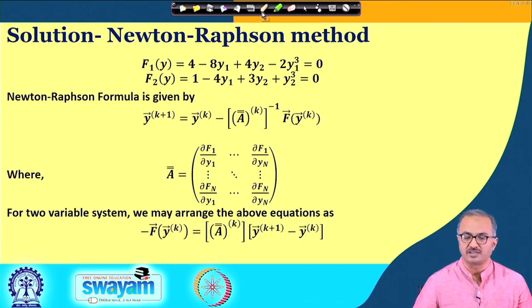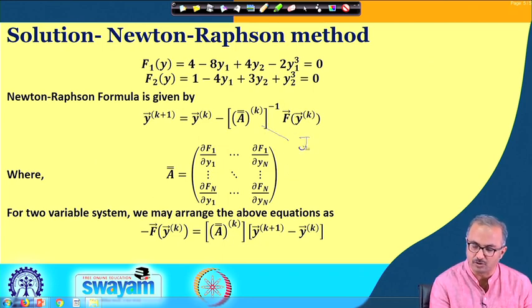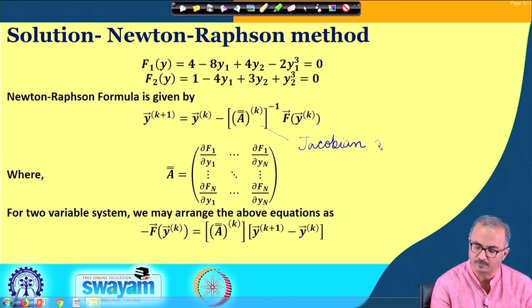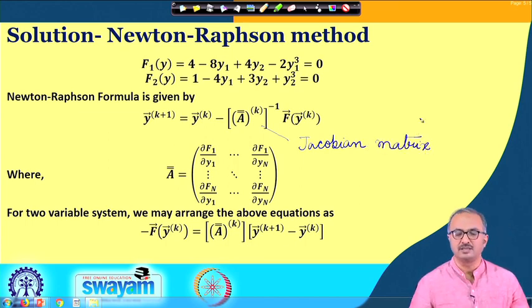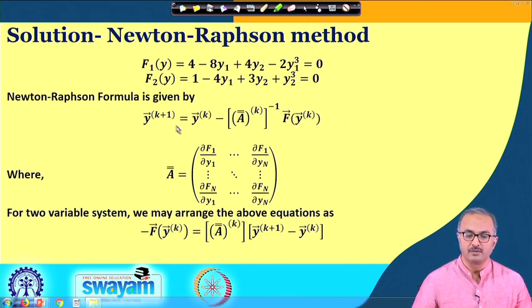For your recollection, I just write that this is the Jacobian matrix, and this is the matrix of the partial derivatives. So we need the Jacobian whenever we have a multivariable problem for the Newton-Raphson method, and then we find this Jacobian from this expression.